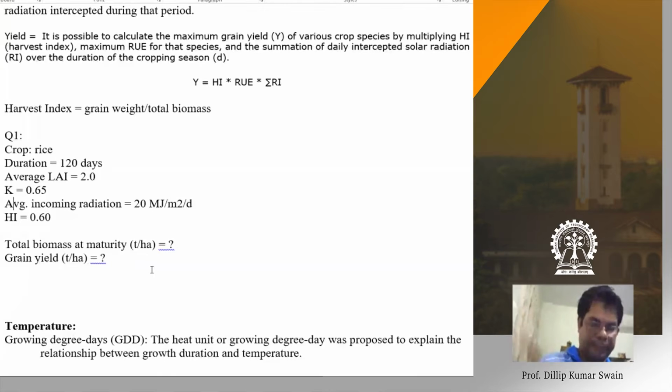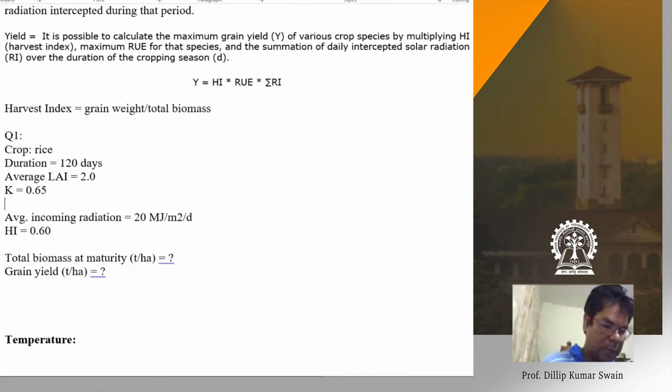What is missing here? One information has to be given. Radiation use efficiency, RUE. Exactly. Radiation use efficiency equal to, suppose, 4 gram per megajoule.